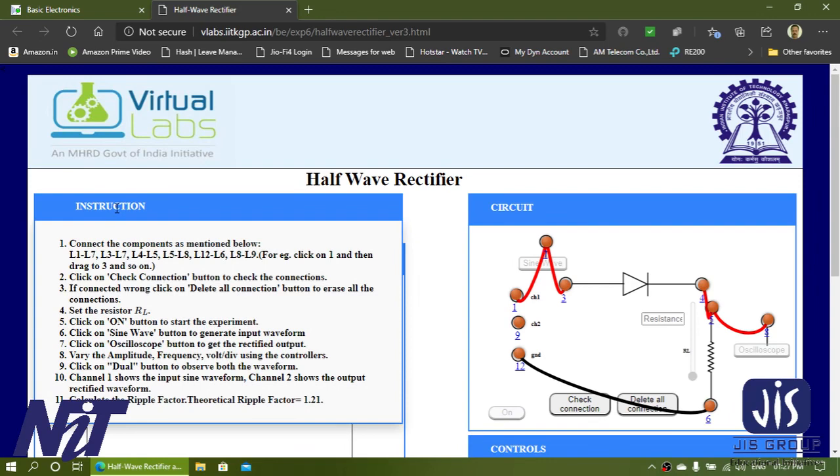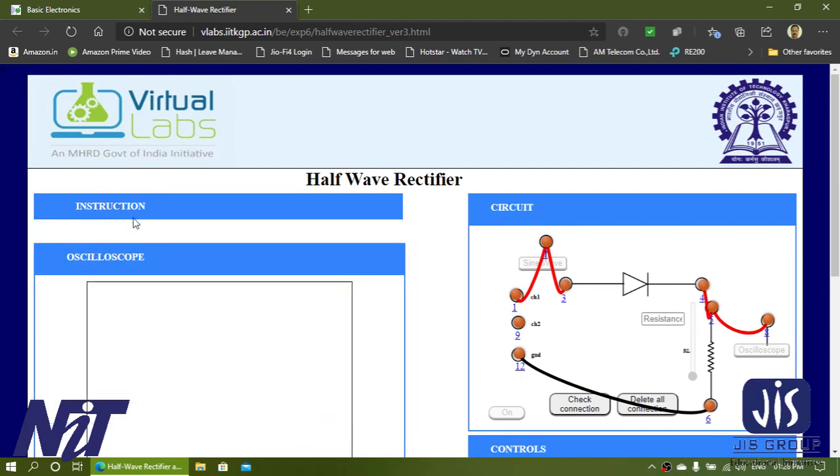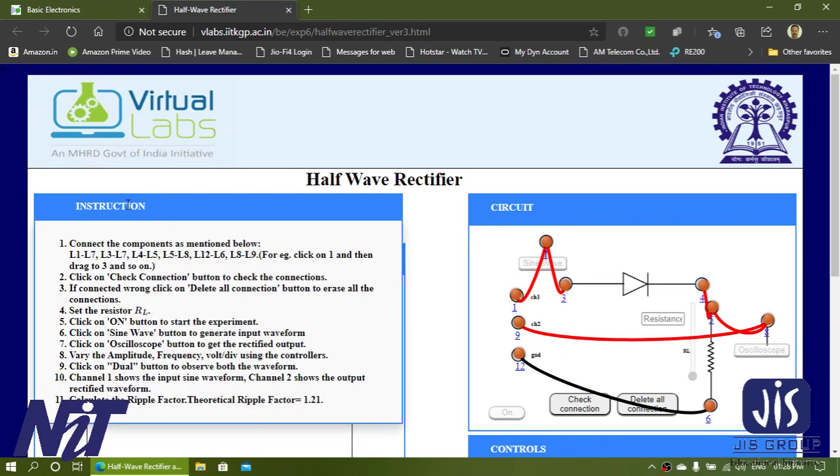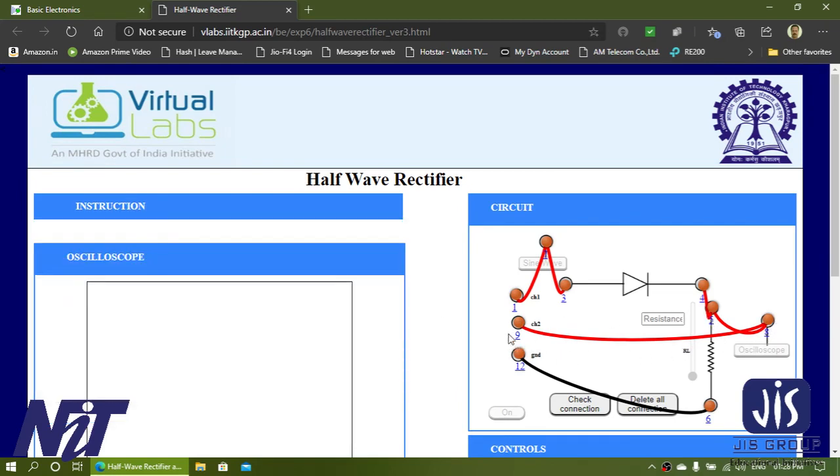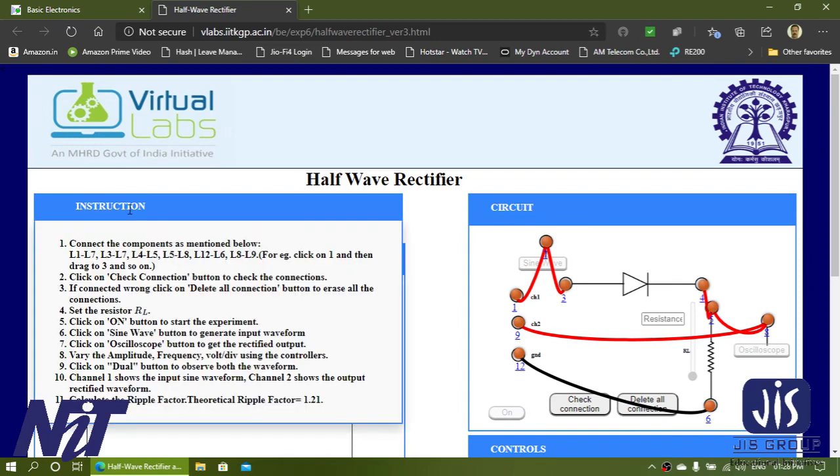And now L8 to L9. This is your L8, this is your L9, and click on one and then drag to the other, that is the direction in which you have to connect.